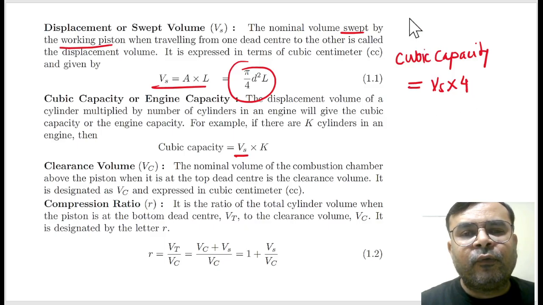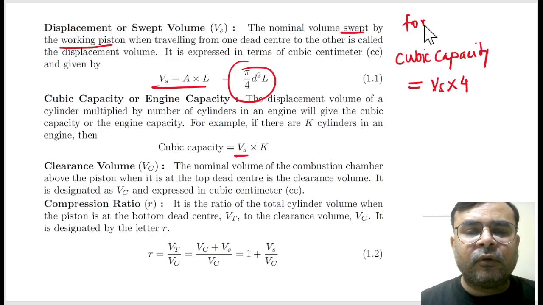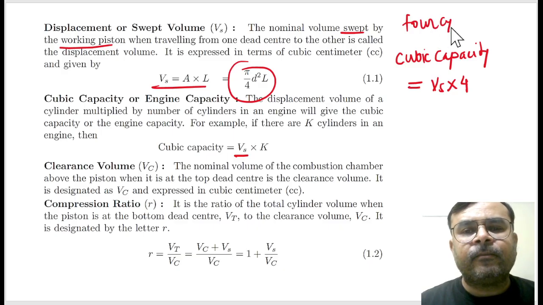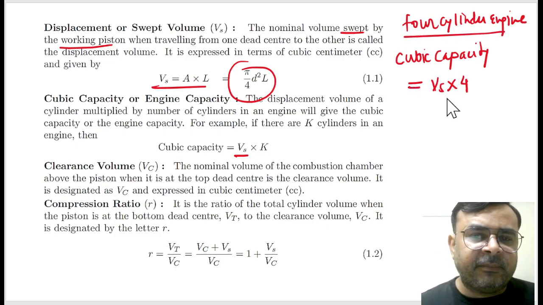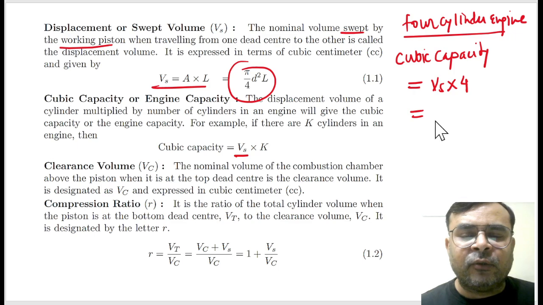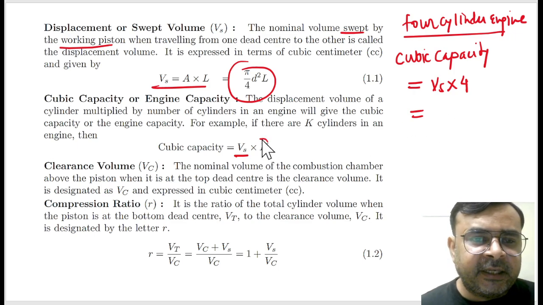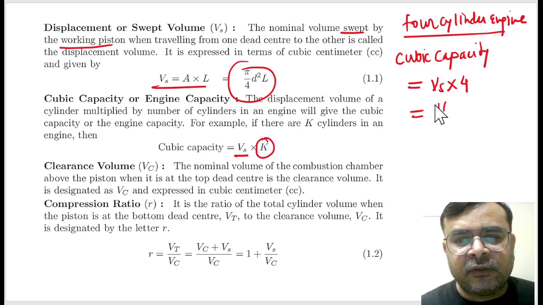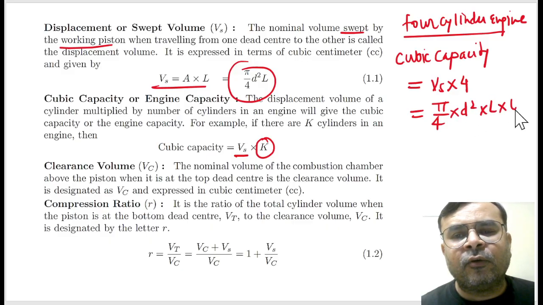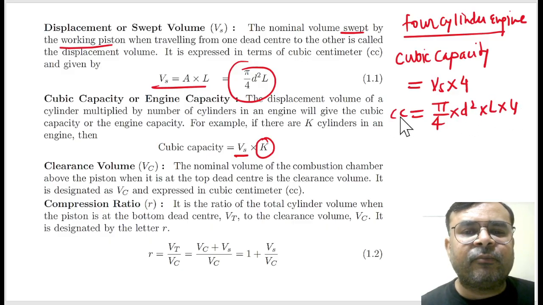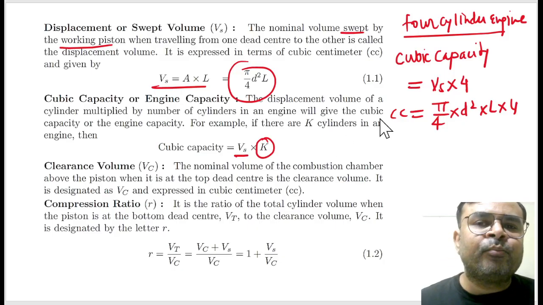You multiply the swept volume by the number of cylinders, K, where K represents the number of cylinders. So it can be written as pi by 4 into d square into L into 4. Like this you can find the cubic capacity of the engine.